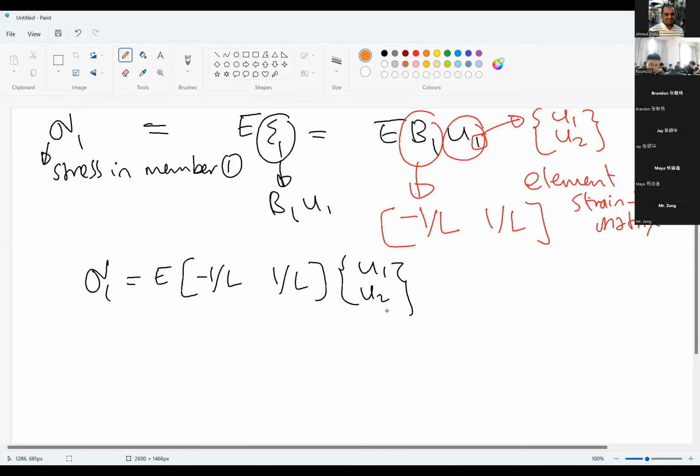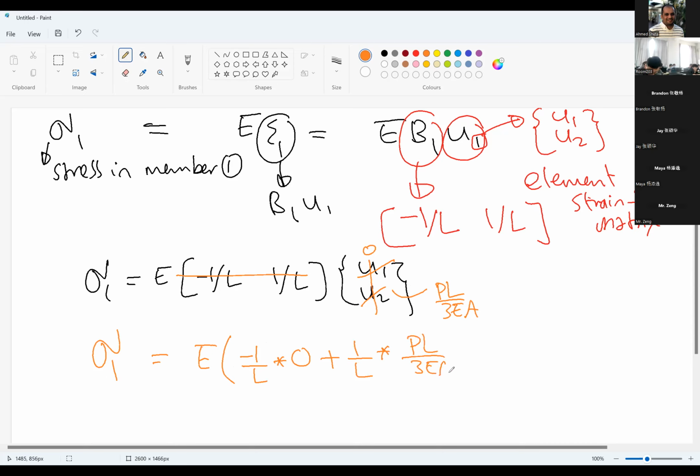We know that from the previous slide calculation, U1 is 0, and we get U2 as BL divided by 3EA. So sigma 1 will be E times, this is 1 row times 1 column, so negative 1 divided by L times 0 plus 1 by L times BL by 3EA.